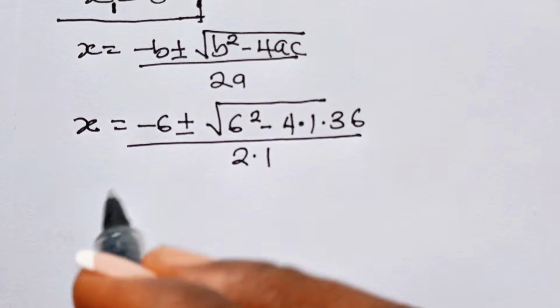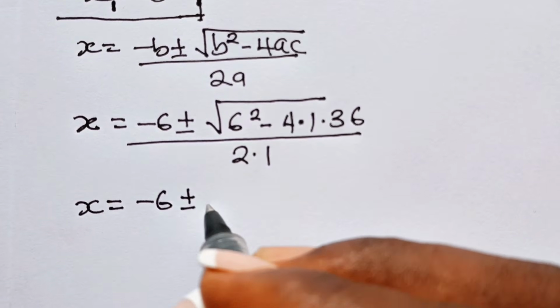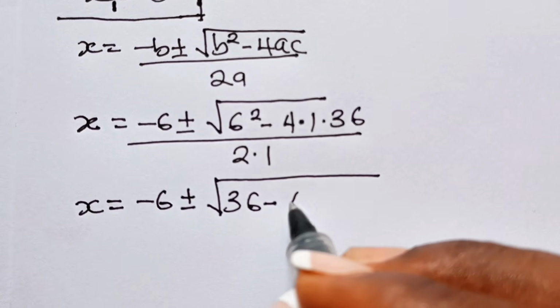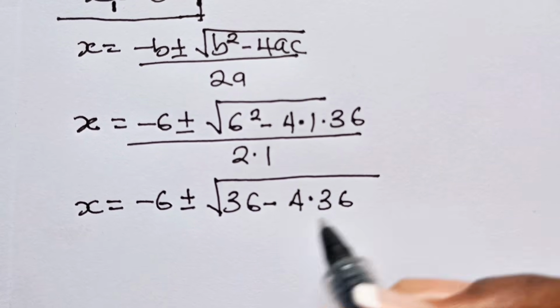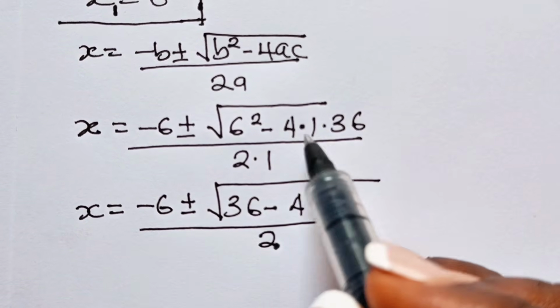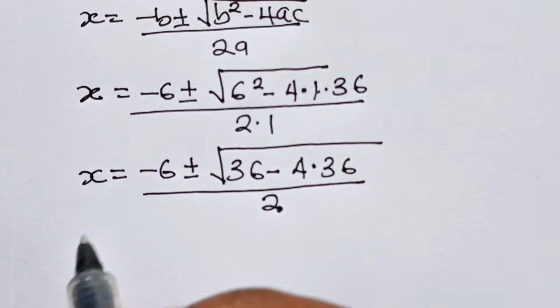So solving further, we have x is equal to minus 6 plus or minus square root of 36 minus 4 multiplied by 36, divided by 2. And that's because 4 times 1 times 36 is 4 multiplied by 36.